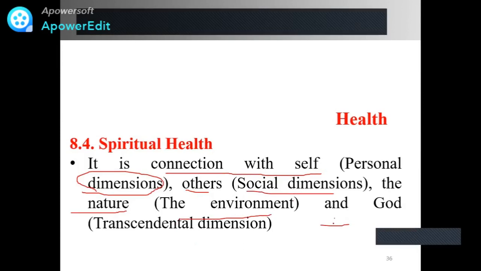Plus the last one here, which actually means the religious idea, transcendental dimensions. All these, self, others, and the nature, those are visible.